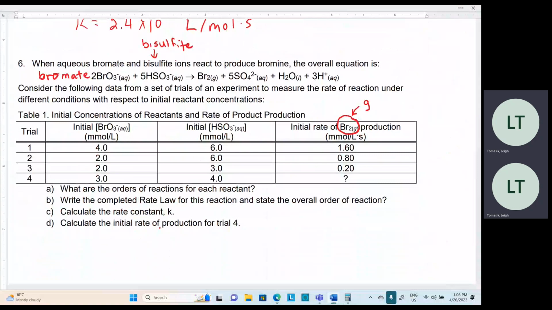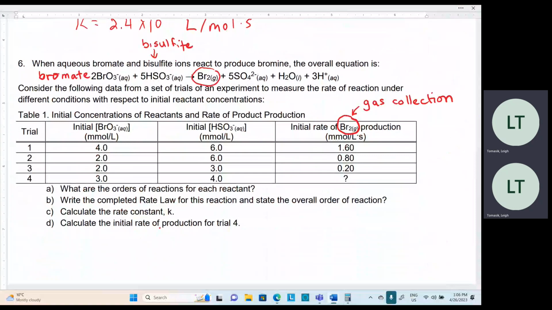So this would be a gas collection experiment. We know that's one of the ways that they measure the rate of a reaction, by collecting gas, if gas is one of the products.